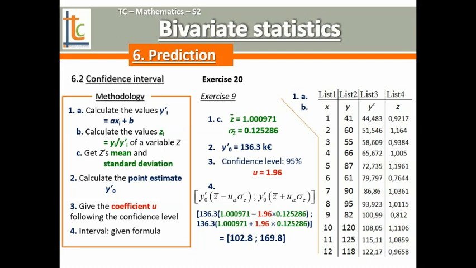So if someone asks you to perform a study and to make a prediction for a budget, for instance, you can tell this person that it has to forecast at least 103 kilo euros. And you can tell this person that the expense won't exceed 170, okay? Because there are very few chances that we would expect more than 170.